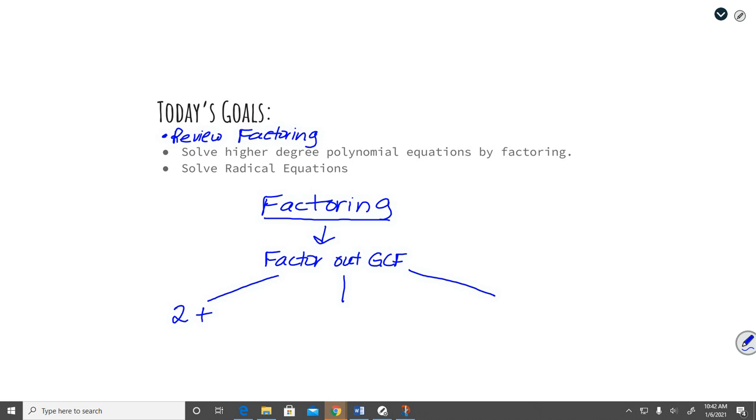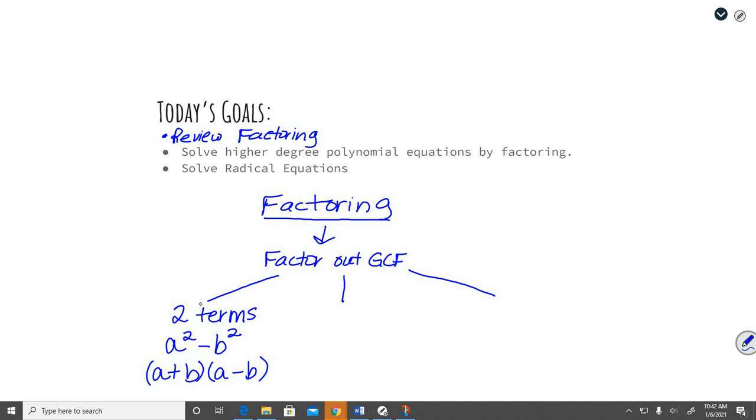If you have two terms, a binomial, you're going to check to see if you have a difference of squares. That would be one perfect square minus another perfect square. They have to be perfect squares and they have to be subtracted, because difference means subtract. That will factor following this pattern: a plus b times a minus b, where a is the square root of a squared, and b is the square root of b squared.